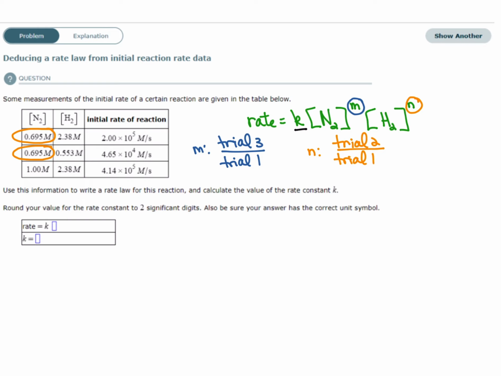All right, let's get working. I want to solve for M. So I'm going to divide the rates of trial 3 over trial 1.